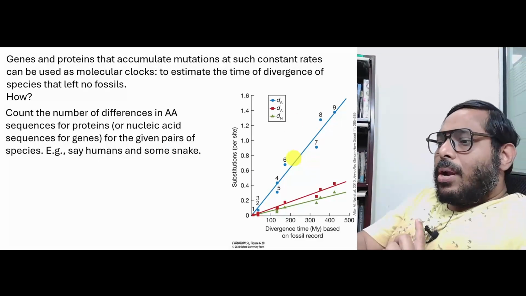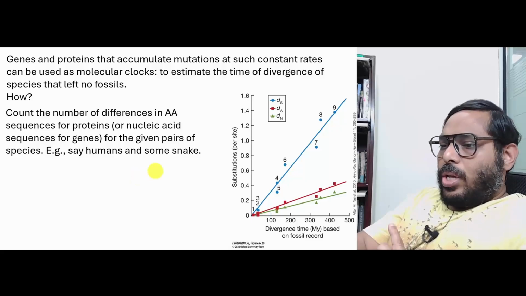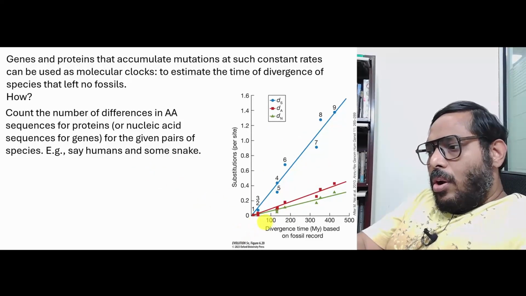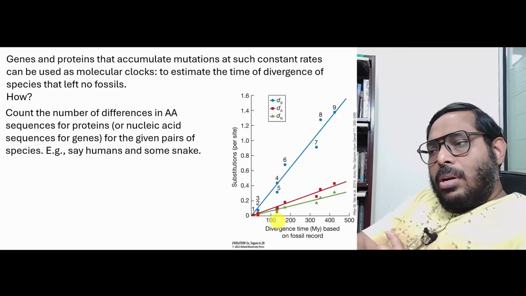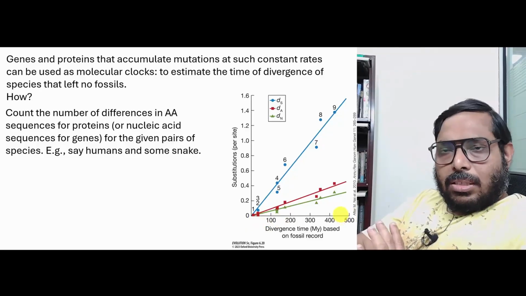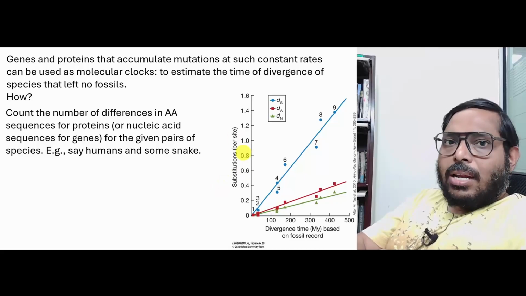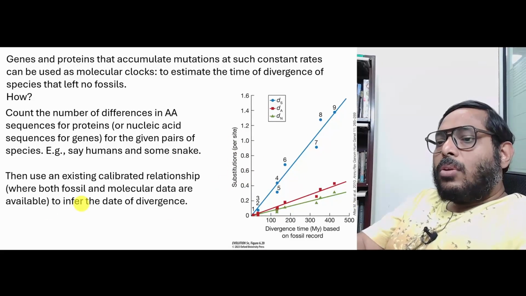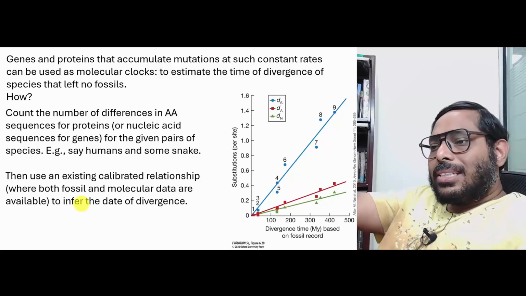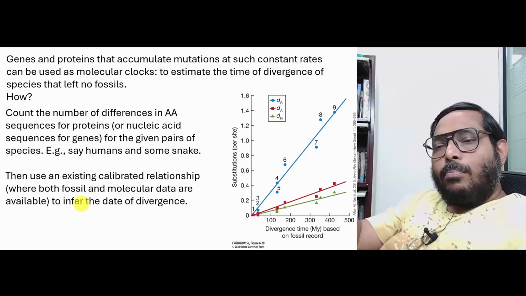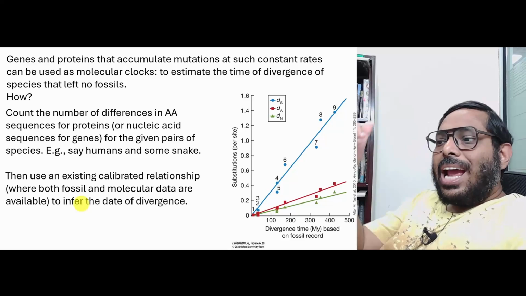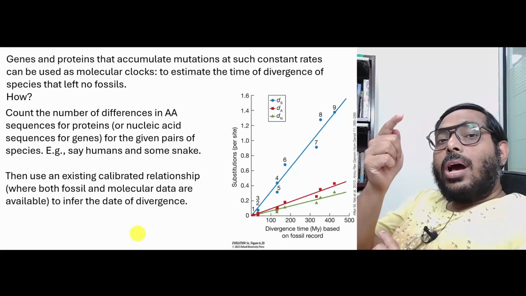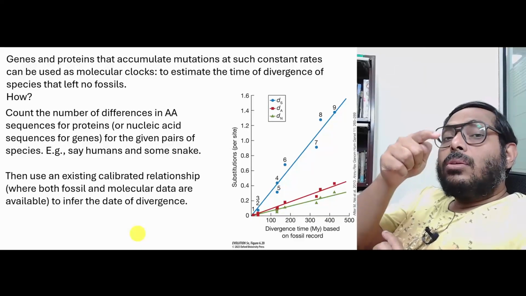Okay. But now, what we can do is, suppose you have a calibrated diagram like this, where you already know that the relationship between divergence time as determined from fossil data and the substitutions per site, the lines look like this. And what you can do is, you can take this calibrated relationship where both fossil data for divergence and substitution rates are available, and then use that for your unknown species for which you do not have fossil data.